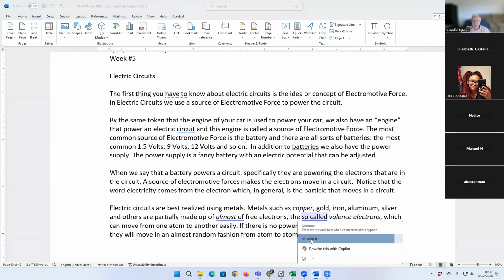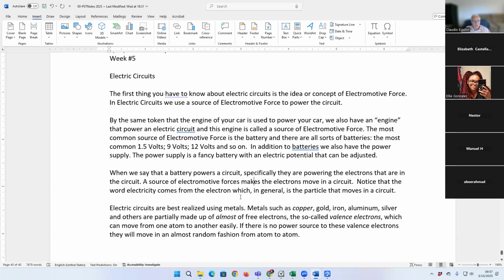The valence electrons can move from one atom to another easily. They don't escape the surface of the metal, but they have this facility of moving easily from one atom to another. That's why we can produce a current. That's why we use metals in our electric circuit.